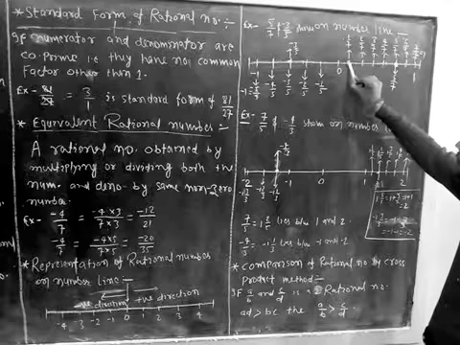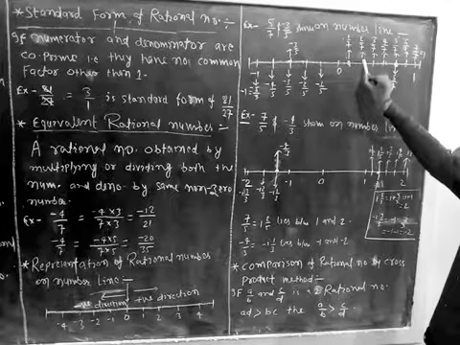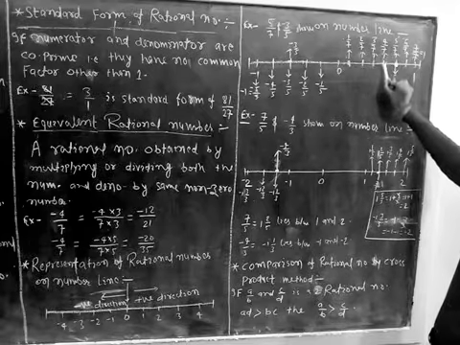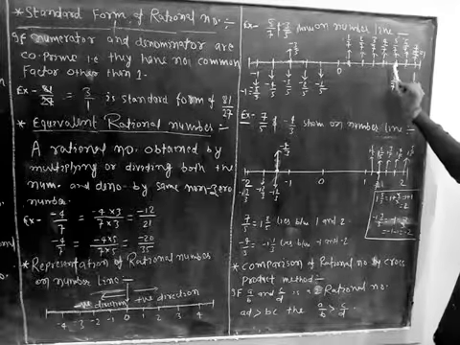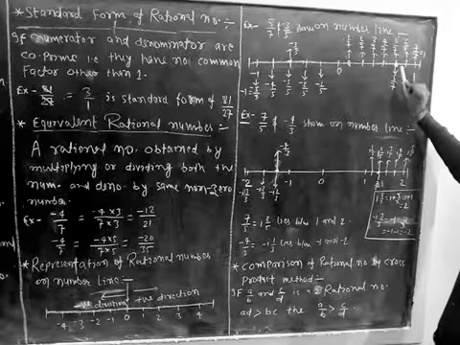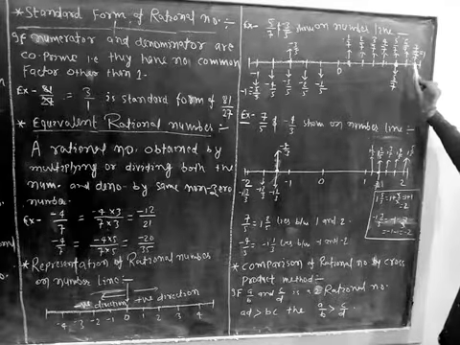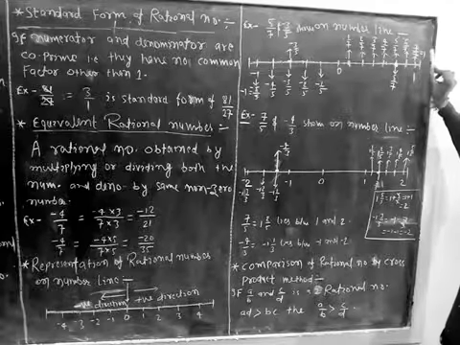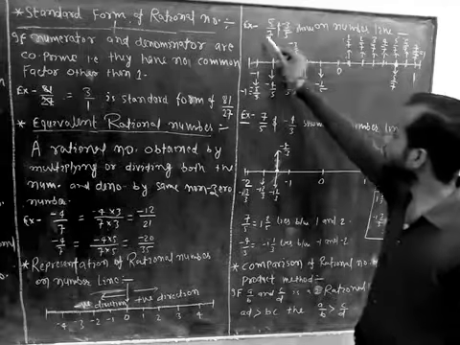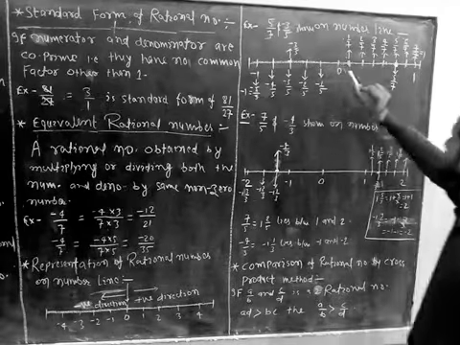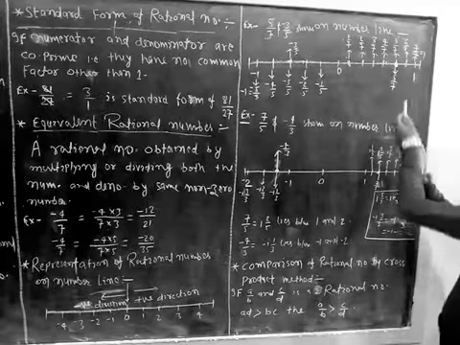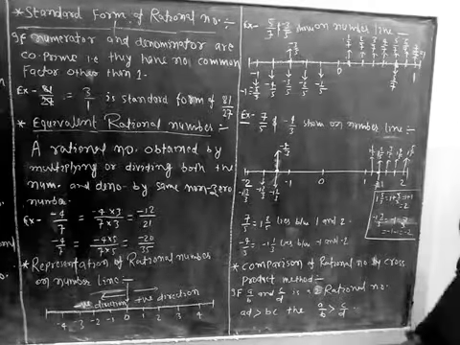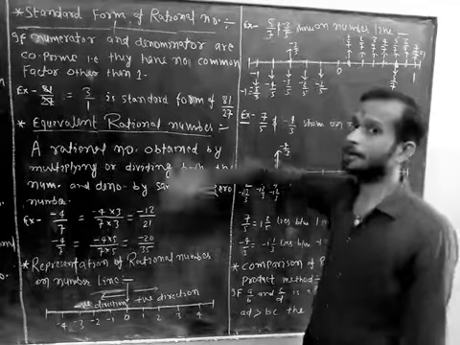First point 1 by 7, second point 2 by 7, third point 3 by 7, fourth point 4 by 7, fifth point 5 by 7, sixth point 6 by 7, and seventh point 7 by 7, which is equal to 1. But here we show 5 by 7, so counting 1, 2, 3, 4, 5, this point is 5 by 7.